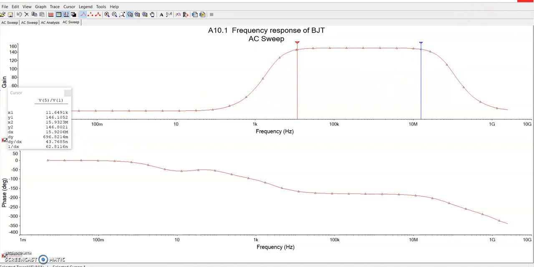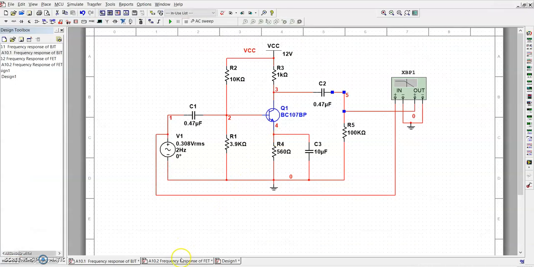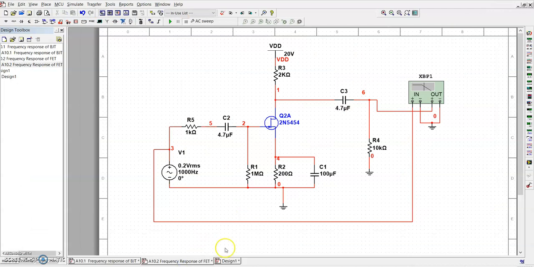Similarly, we can do it for the FET amplifier also. I have already given the circuit diagram. This is the circuit diagram. Here I have connected terminal number 6 to the output. Here the input is number 3.